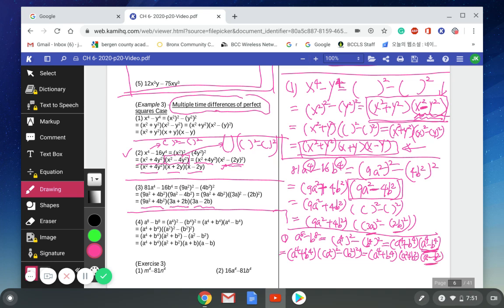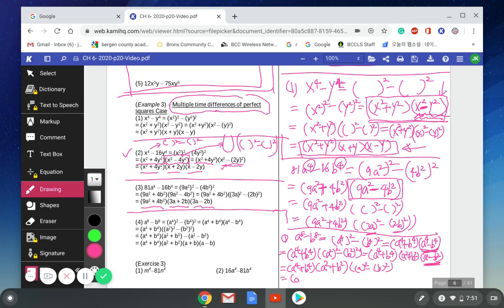And again, you see this is another perfect square difference one more time here. So that becomes a to the fourth plus b to the fourth, a square plus b square, and then something square minus something square, a and b.